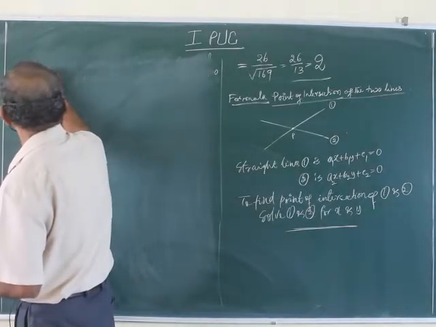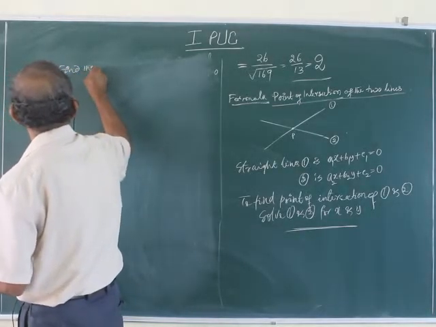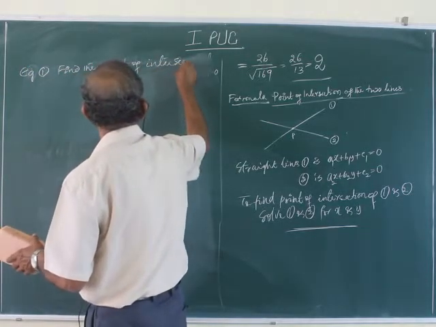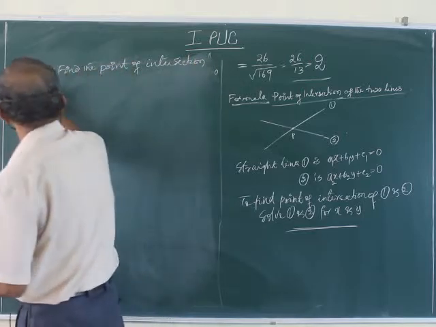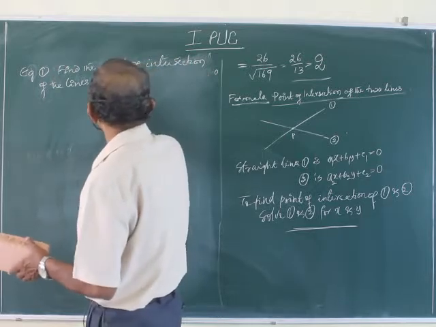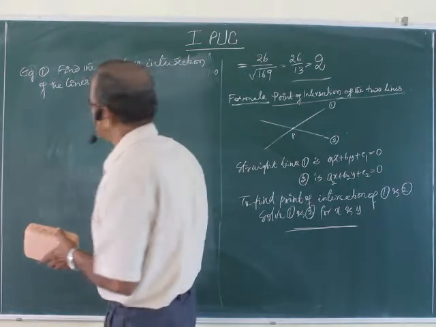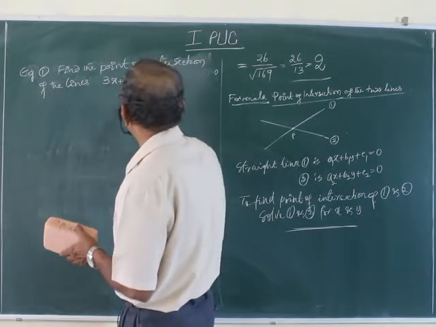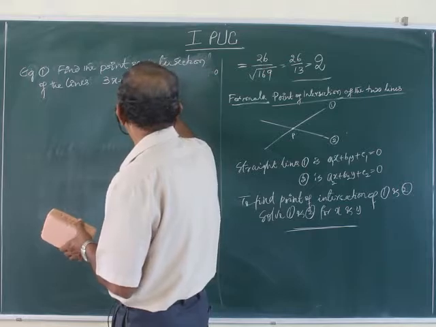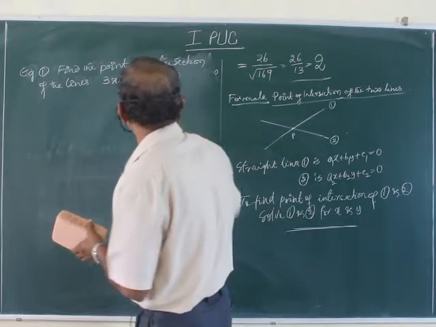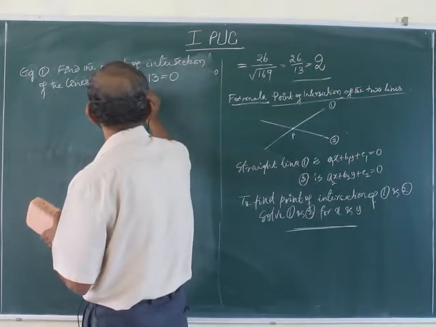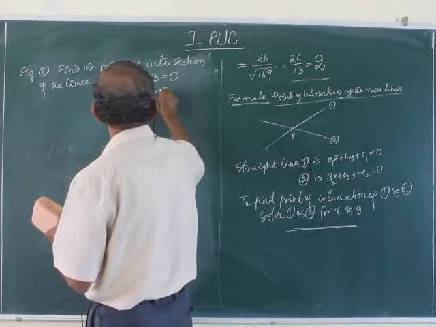Problem or example 1. Find the point of intersection of the lines 3x plus 7y plus 13 equal to 0 and 2x plus y plus 5 equal to 0.